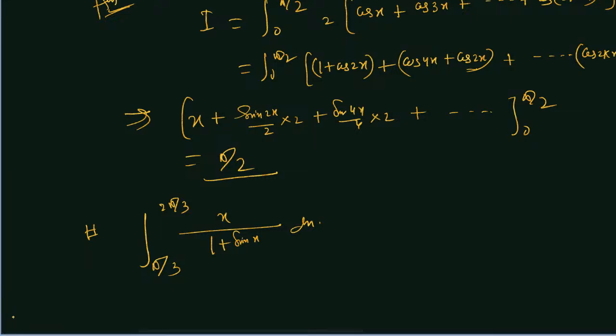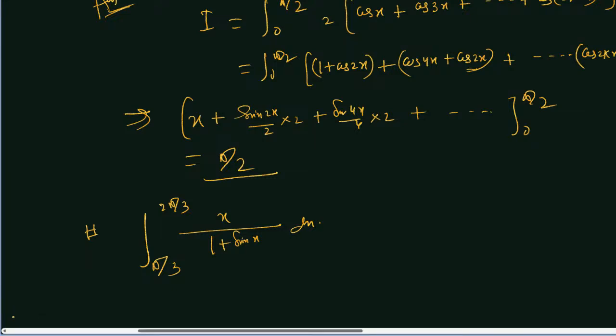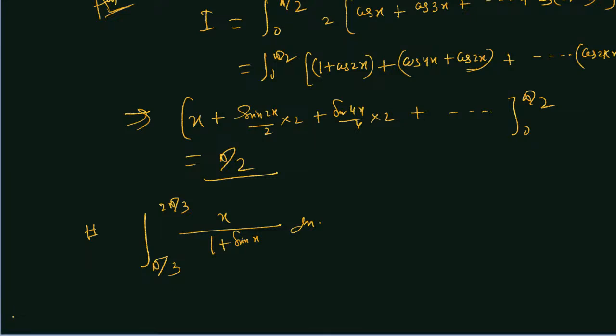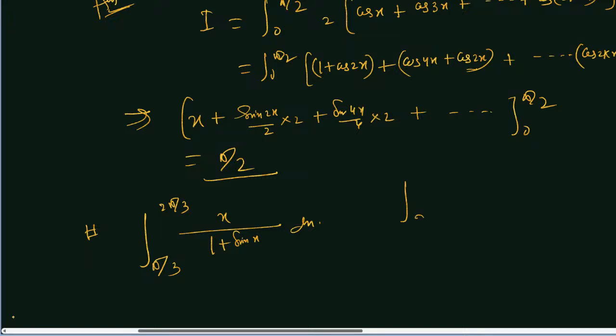Which property? Odd function, even function will not work here. Then the a to b property. If odd or even function is not there, just one property is there, a to b f(x) dx. Many sums in WBJEE, seen in past years' papers, they are asking on this.